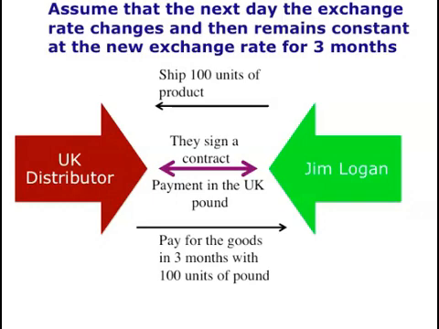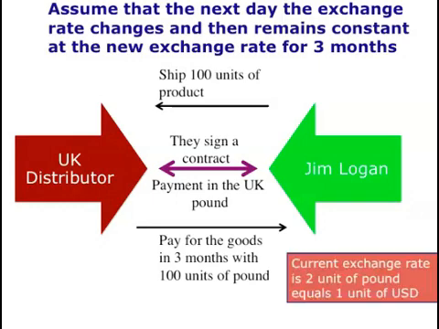Okay, so now the exchange rate is no longer 1-to-1. It is 2 units of pound equals 1 unit of dollar. That means the pound depreciates and the value of the dollar appreciates, right? Because previously you got 1 pound, but now you get 2 pounds.